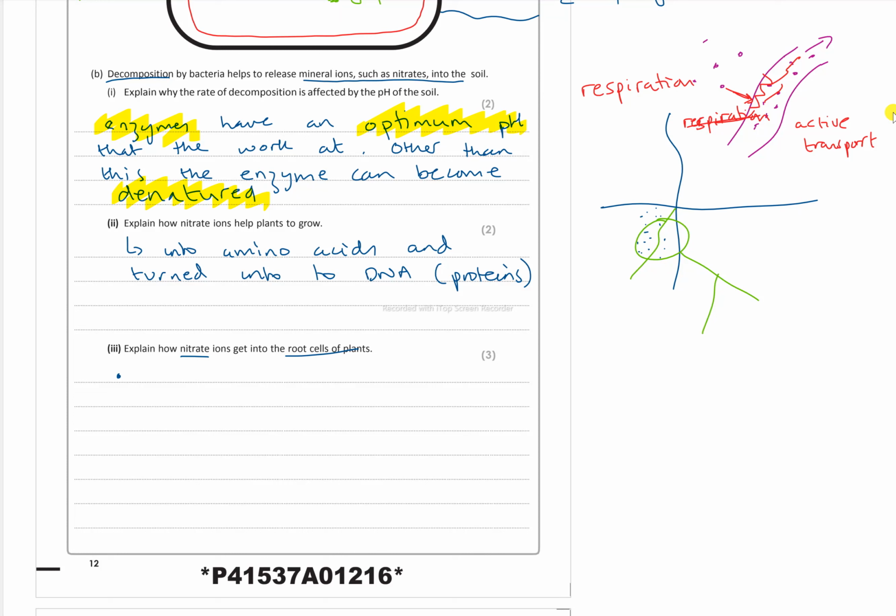So respiration needs to occur, which requires energy. So we need to write all that down. So how does it get in? Via a process called active transport.